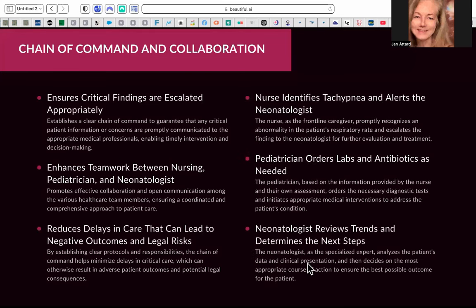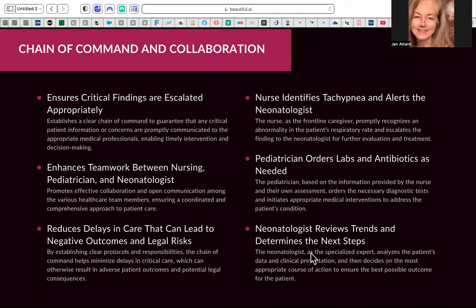So the importance of chain of command and collaboration. This is what I've been talking about all along. It ensures critical findings are escalated appropriately. It enhances teamwork between the nurse, the very honored pediatricians, and the exceptional neonatologists.